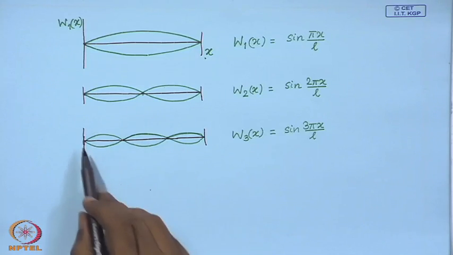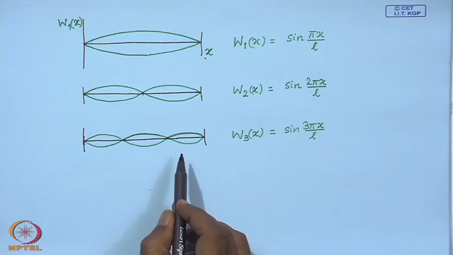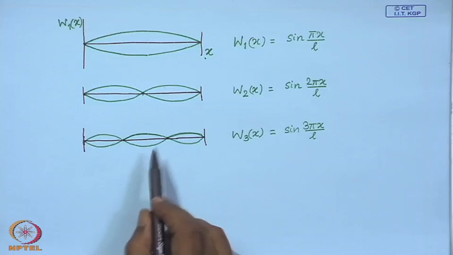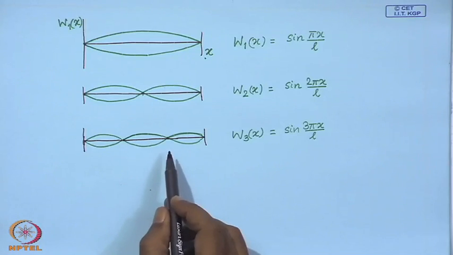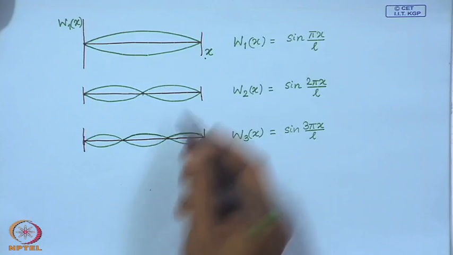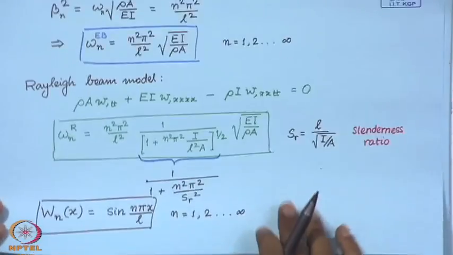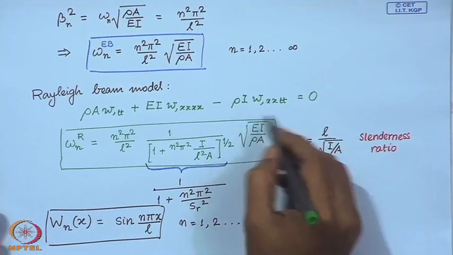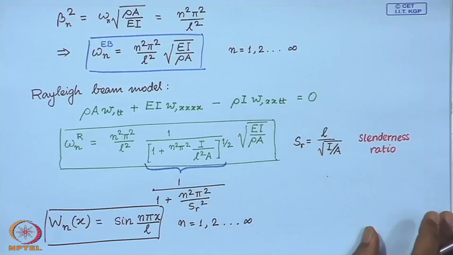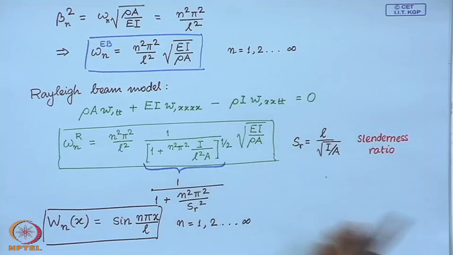So, if you calculate the curvature, then the curvature is increasing. As you go to higher and higher modes, the curvature is increasing, and this is the rotor inertia term. So, the more the curvature, the more the rotation of this element.